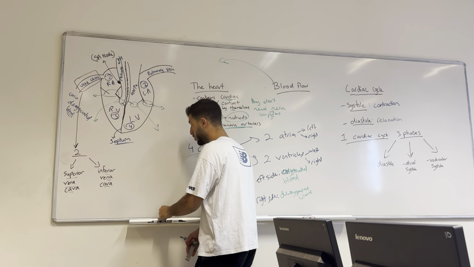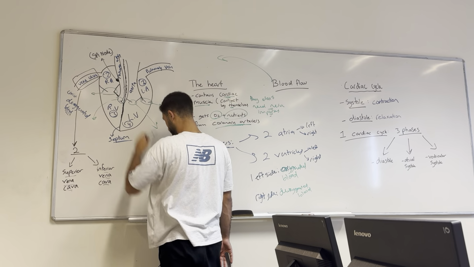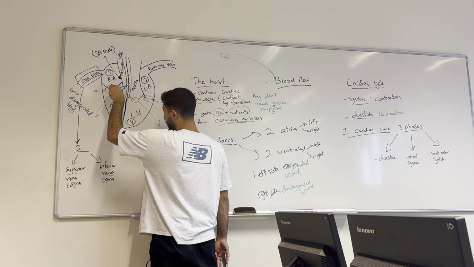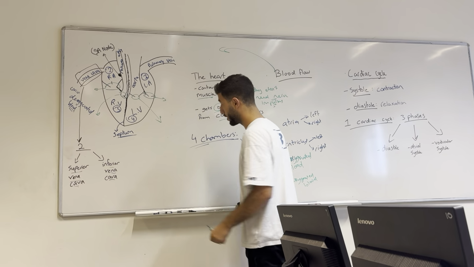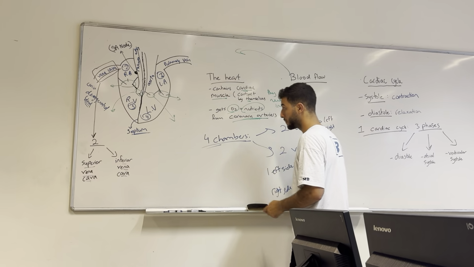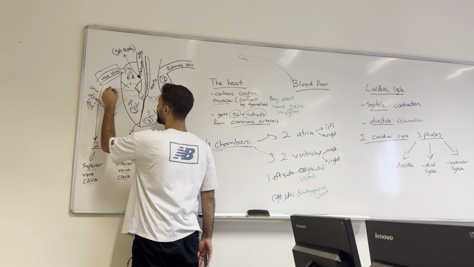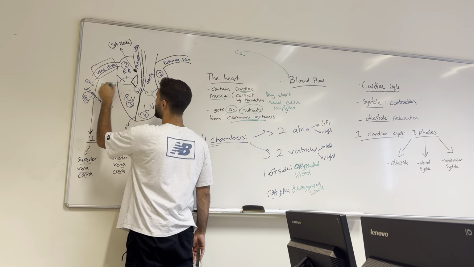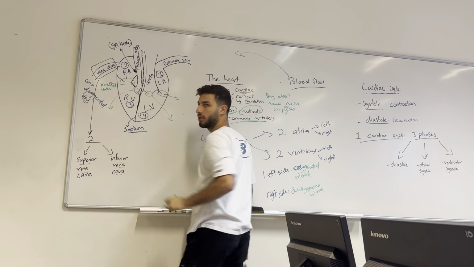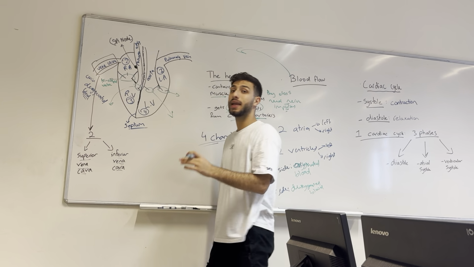Now what do you guys see over here? In green, you see a valve, okay? And usually it's a 3 valve, okay? So this valve, what do we call it? We call it the tricuspid valve, okay? So let's write it here, tricuspid valve. Tri because we have 1, 2, 3, okay? And we call this also what type of valve?